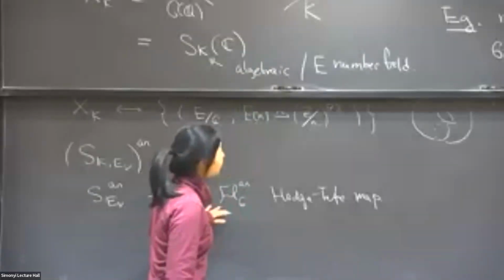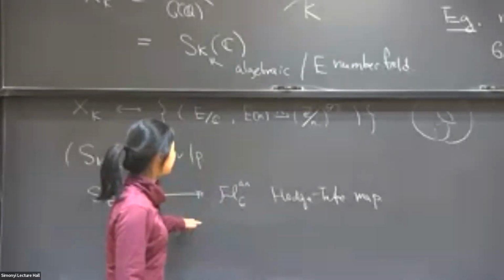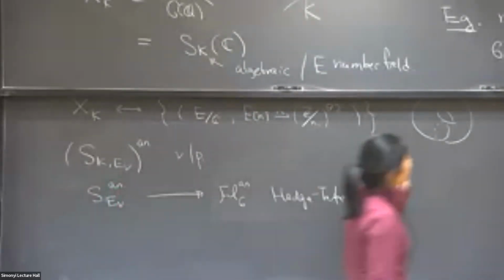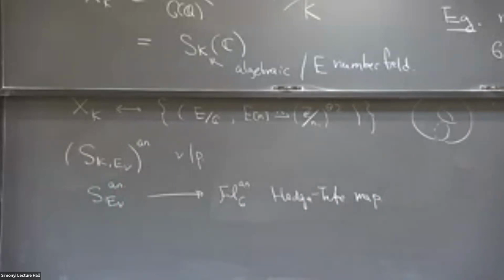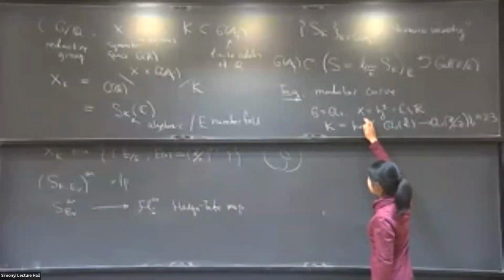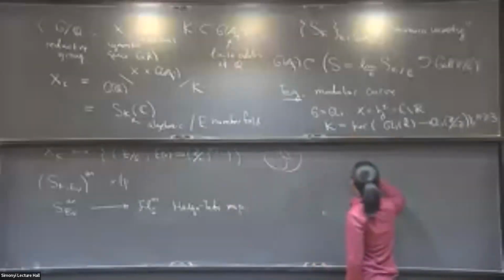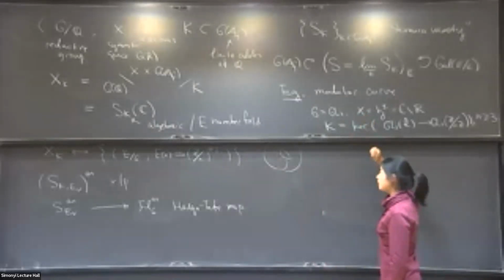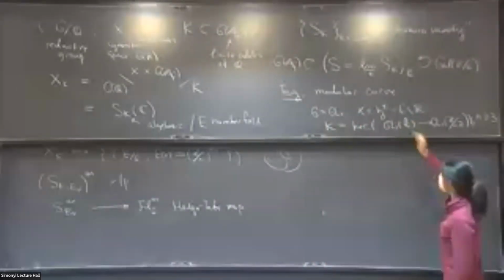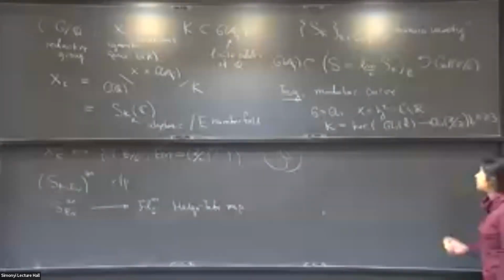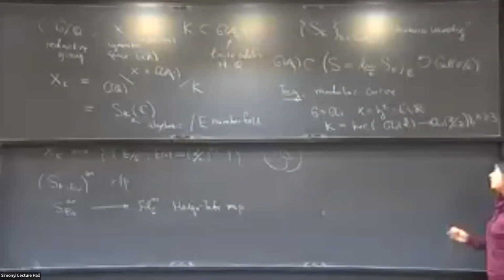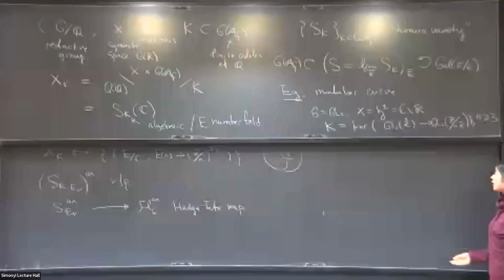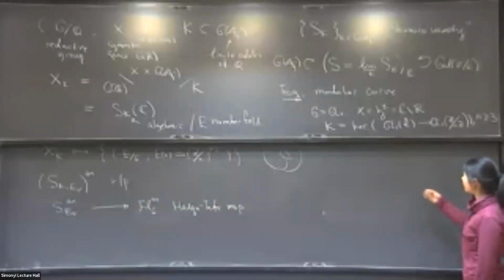This is an analog to complex period morphisms in the sense that in the complex case, the analog of the infinite level Shimura variety would be just the symmetric space itself. And then on it, you can look at the Hodge filtration on the de Rham homology of the universal elliptic curve it parameterizes.